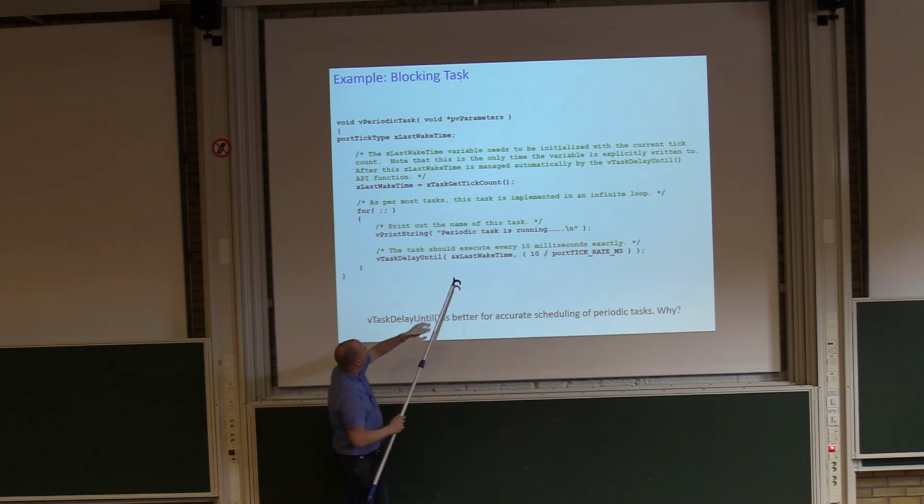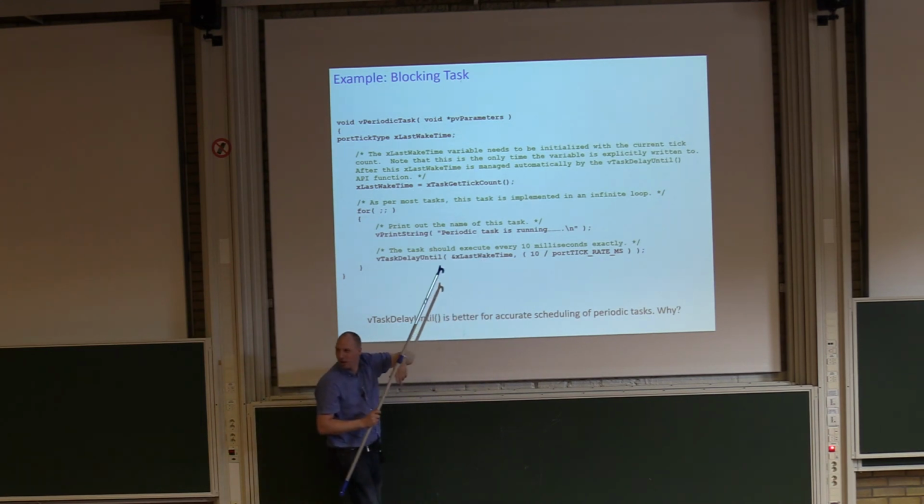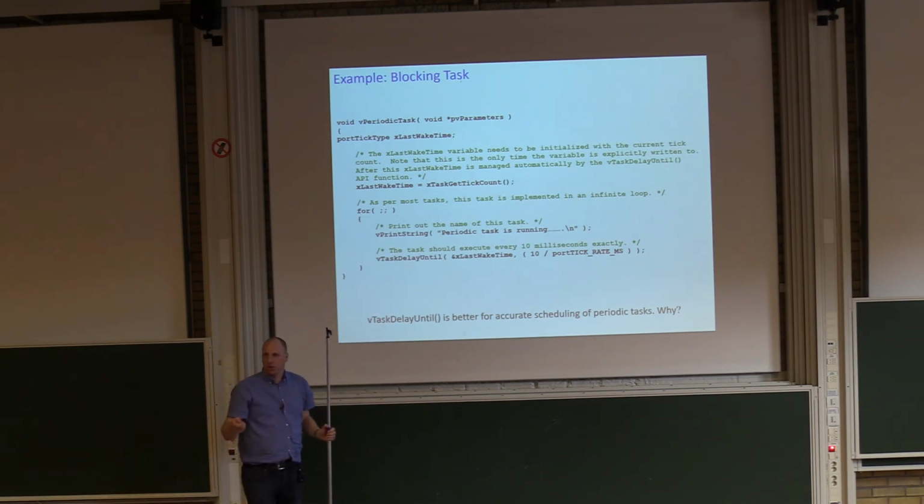So what will happen here is that we wait until 1100, and then the next time this wake up time will be increased by this number of ticks. So then it will wake us up at 1200, at 1300, and 1400, and so forth. So by using this, we will be guaranteed to execute with the given period.